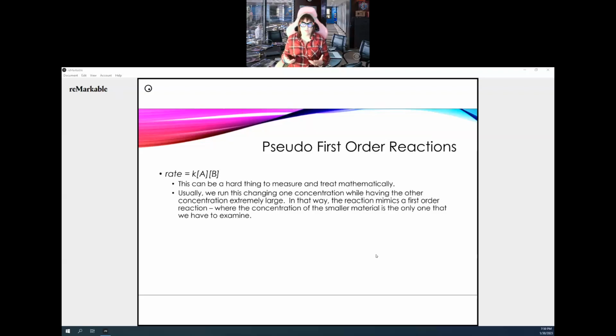We won't see any changes from that, so we can look at the effect of the other concentration. We call that a pseudo first order reaction. We're only looking at the effect from one of those concentrations and not both of them, so it appears to behave like a first order reaction. That's what that refers to.